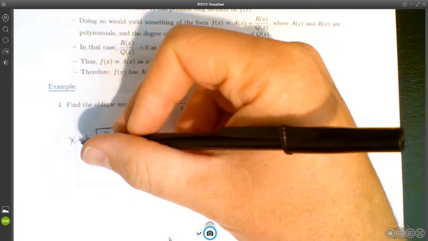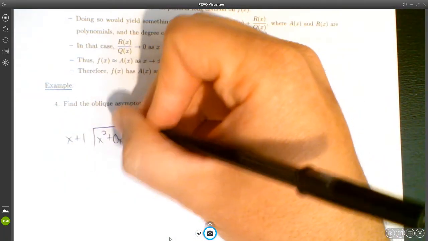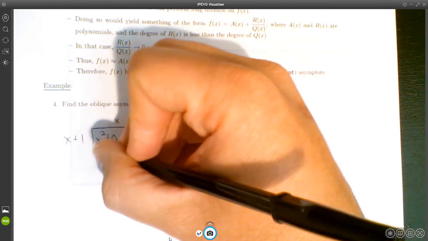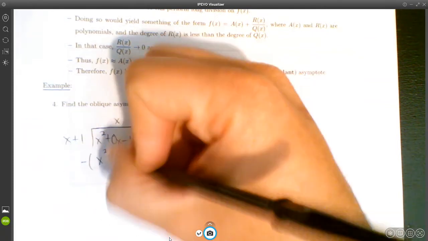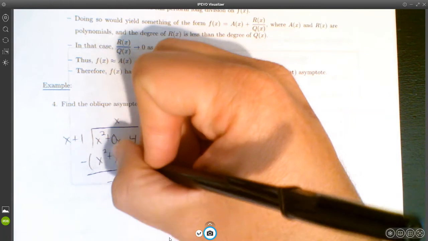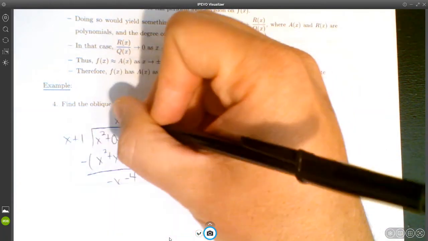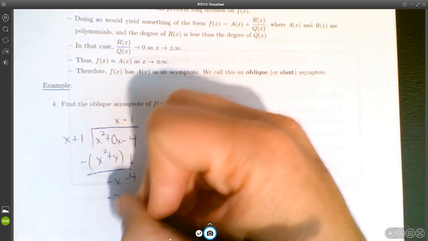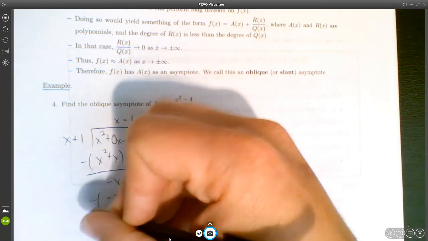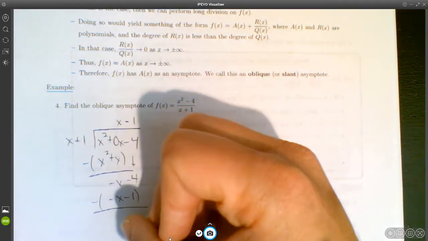we get x squared plus x negative 1, negative 4 plus 1 is negative 3.